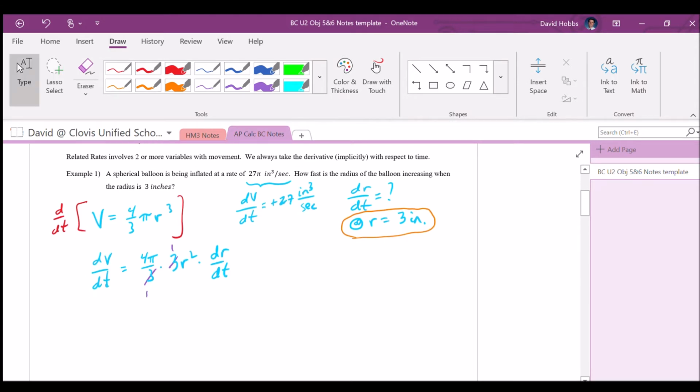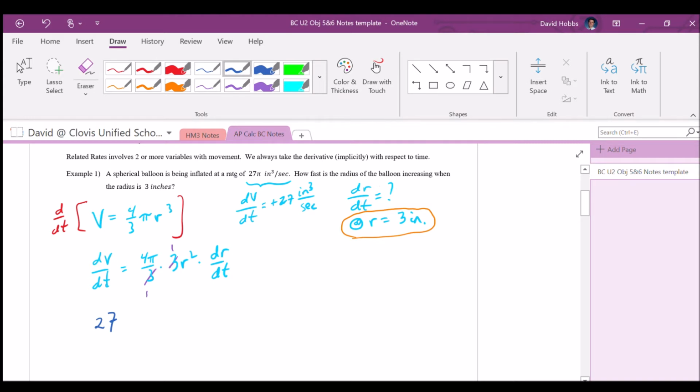We do have dV dt, which is 27 inches cubed per second. Now, as long as you pay attention to your units, you don't need to actually have the units throughout the problem here. In fact, we should be able to predict what our units are for dr dt right now. The change of the radius with respect to time. Radius, isn't that a length?